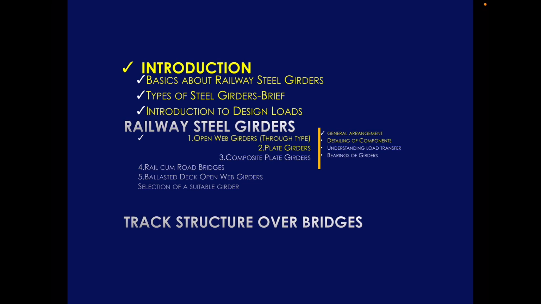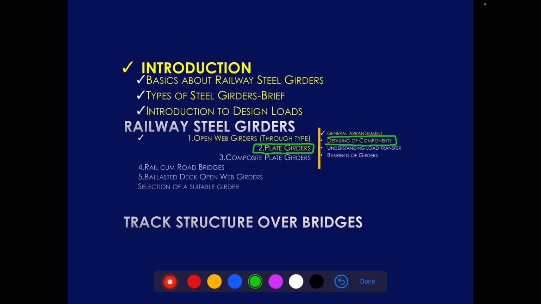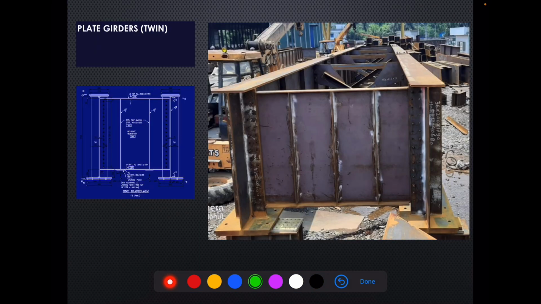Hi. So now we would try to discuss plate girders, detailing of components. To begin with, the major component of the plate girder assembly is the plate girders themselves. They are twin, that is, in a pair.